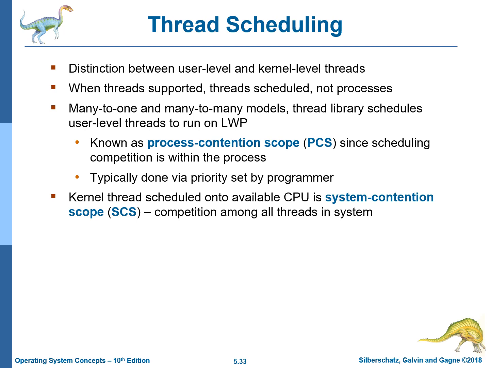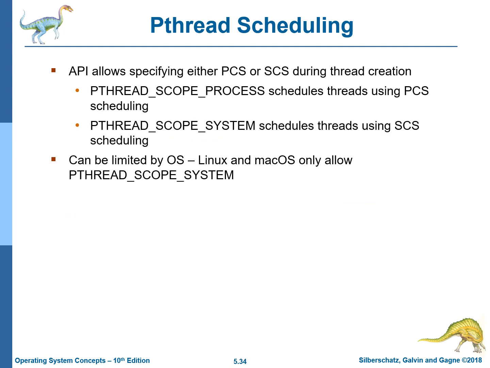It is known as process contention scope, since scheduling competition is within the process, and it's typically done via priority set by the programmer. Kernel thread scheduled onto an available CPU is system contention scope, with competition among all threads in the system.